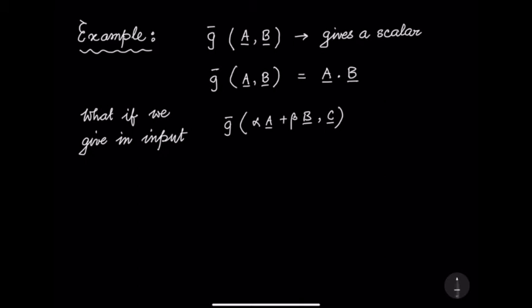What will be the right hand side? Well, it will be the dot product of the first vector with the second, and from the rules of the dot product, we know that this equals alpha A dot C plus beta B dot C.